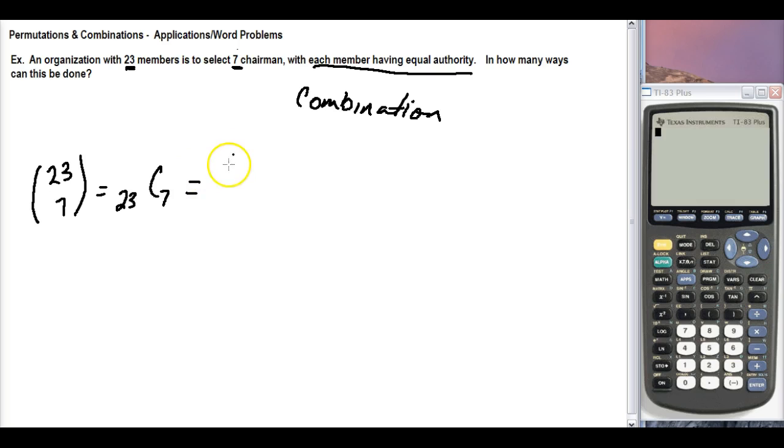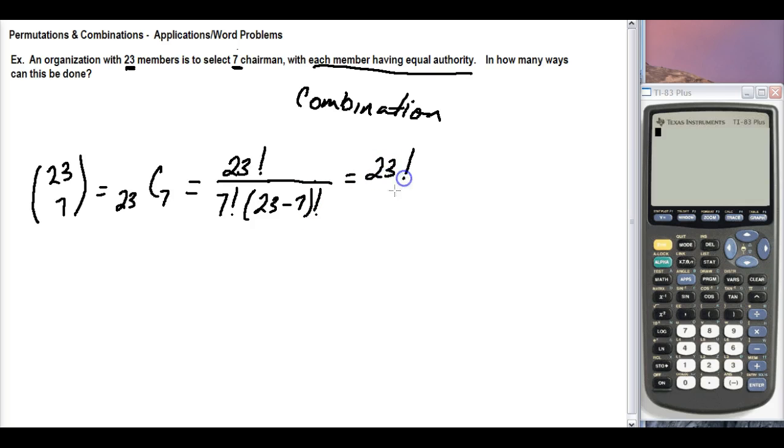But at the end of the day, when we write this out, this will be 23 factorial divided by 7 factorial, multiplied times 23 minus 7 quantity factorial.